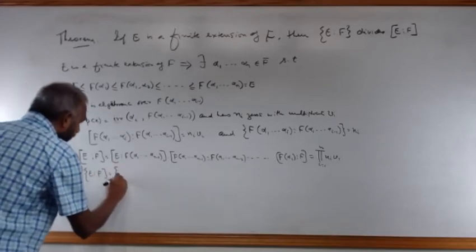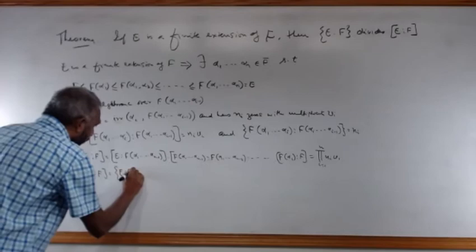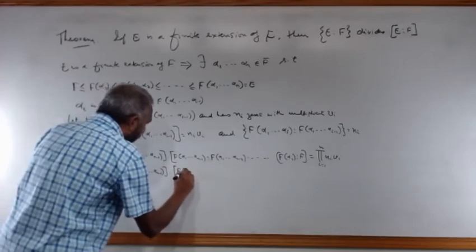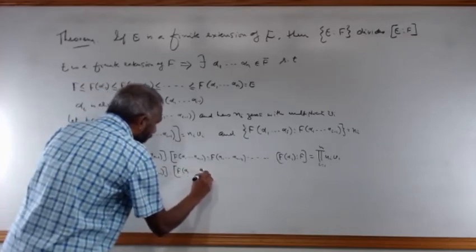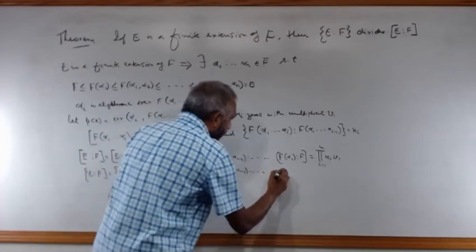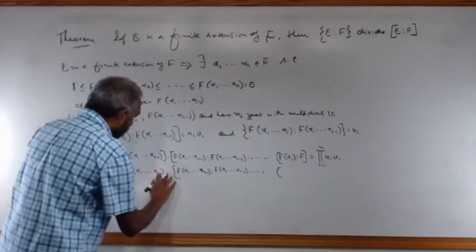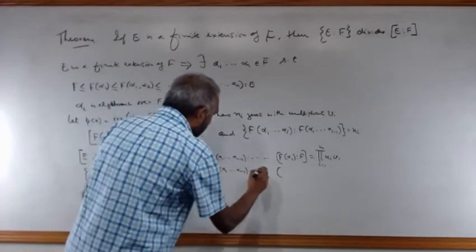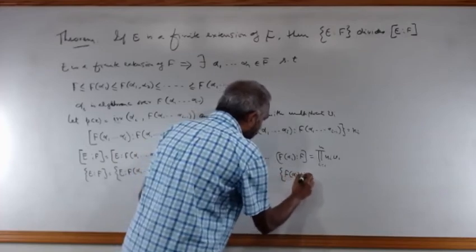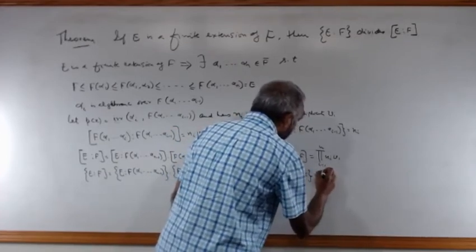Same, but instead of the degree we replace it by the index, and that is equal to the product of n_i, i from 1 to n.